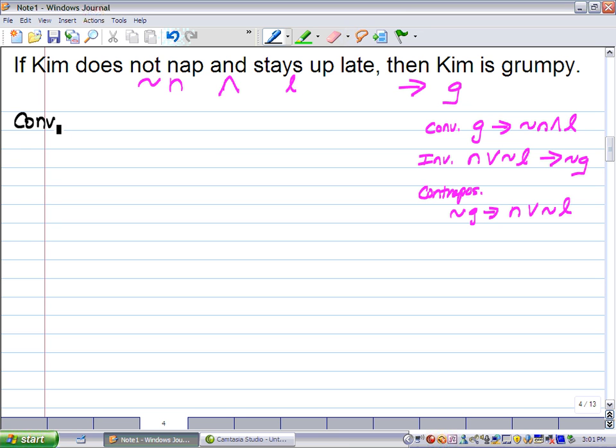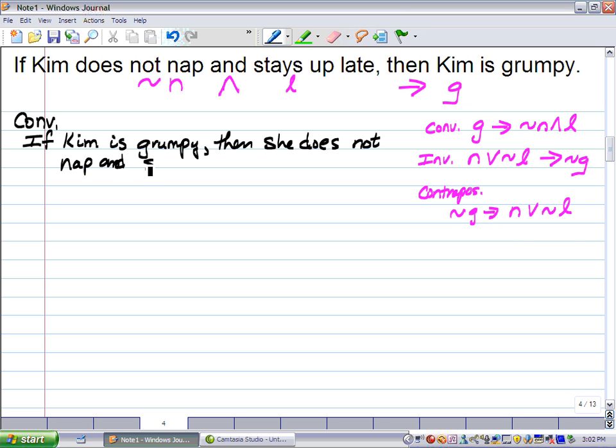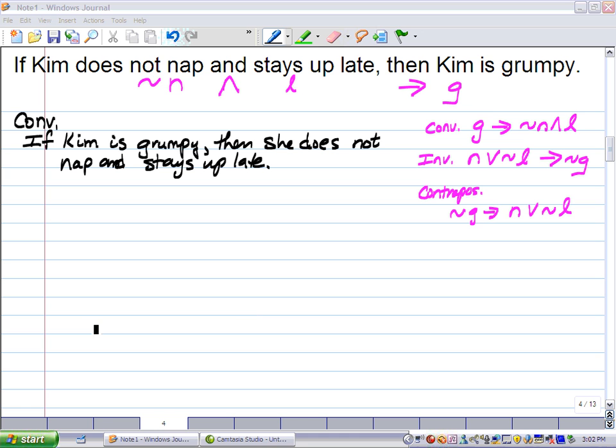The converse statement would say, if Kim is grumpy, then she does not nap and stays up late. Different meaning than the original.